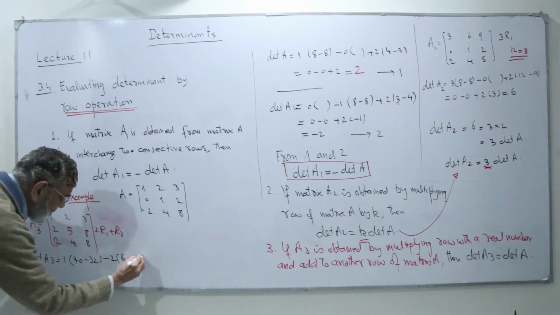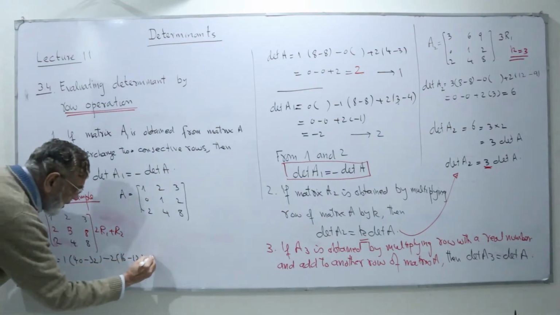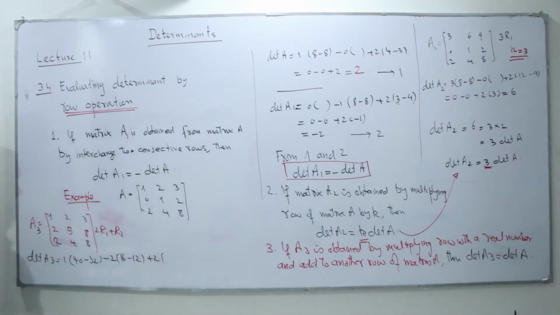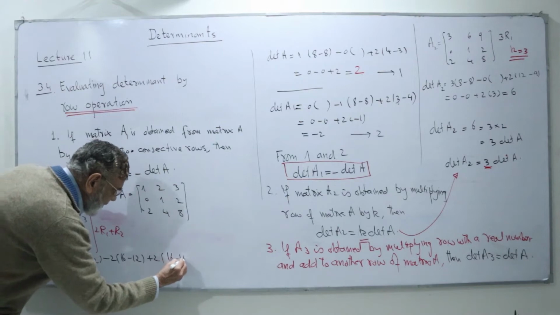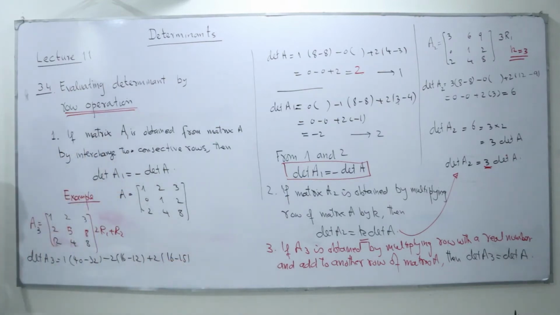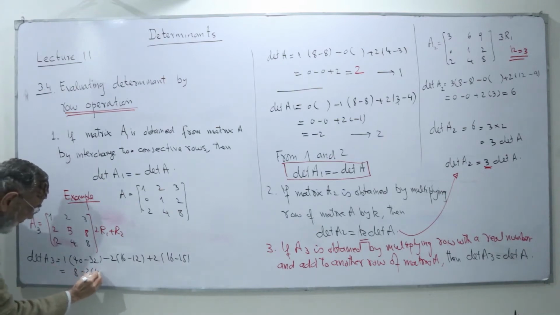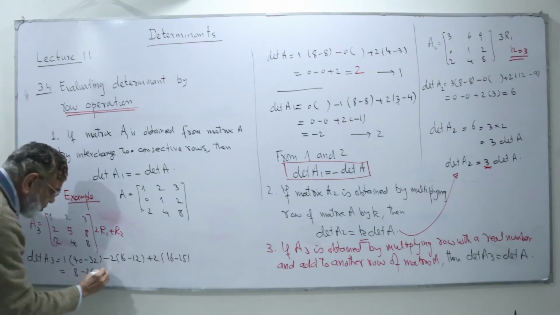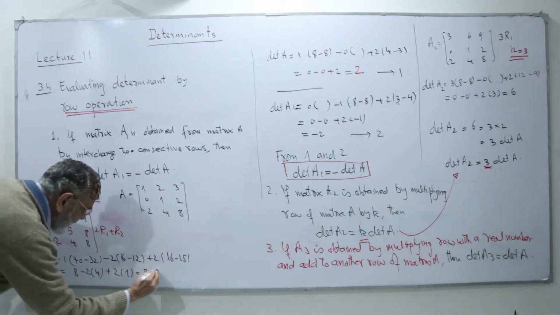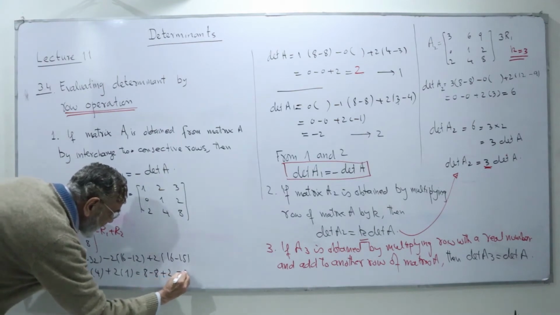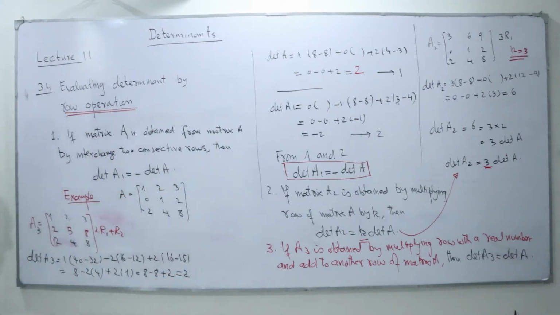Then by plus 2, I get here 16 minus 15. I simplify this one. I'll get here 8 minus 2 into 4, and then I get plus 2 into 1. It's equal to 8 minus 8 plus 2. That's equal to 2.